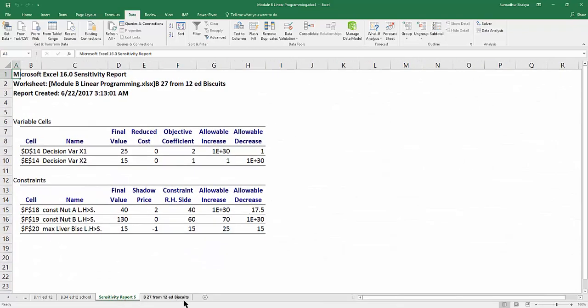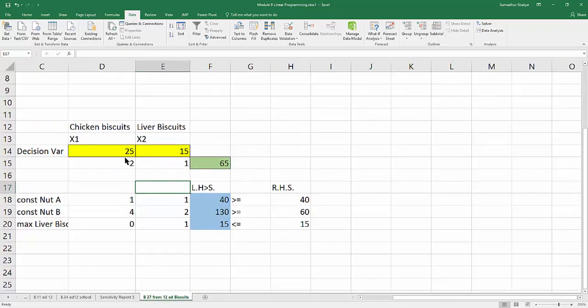Okay, the latest one. So first things first, it says that we should make 25 chicken biscuits in a pack and 15 liver biscuits. Now make sure, if you see, it's all coming from this third constraint. Otherwise, I'm sure this is what's limiting, and this seems to be the binding constraint.